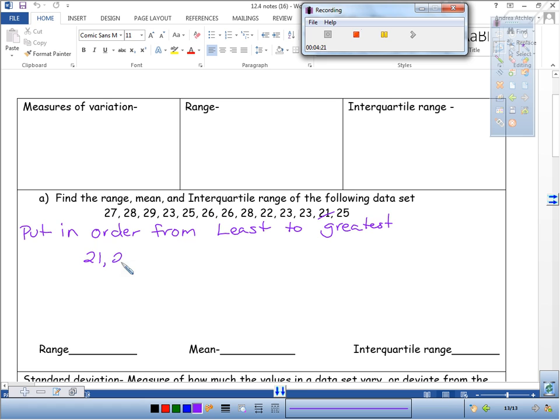Then 22. Then 23, and another 23, then another 23. Then 25, another 25.